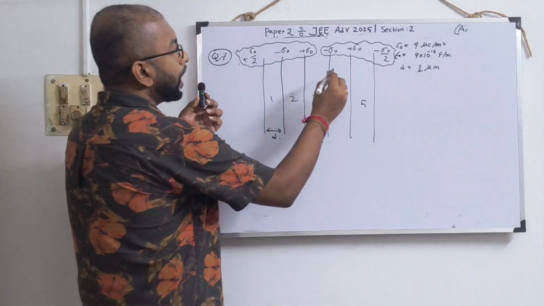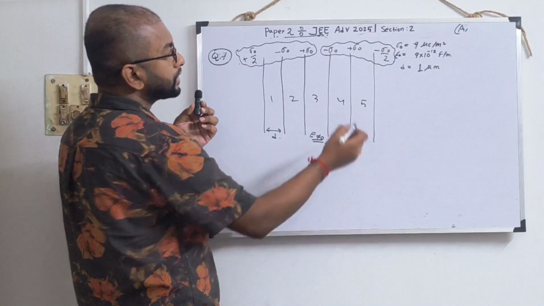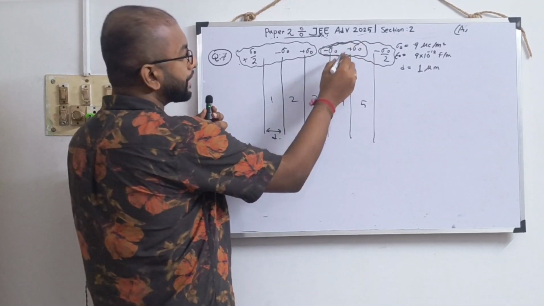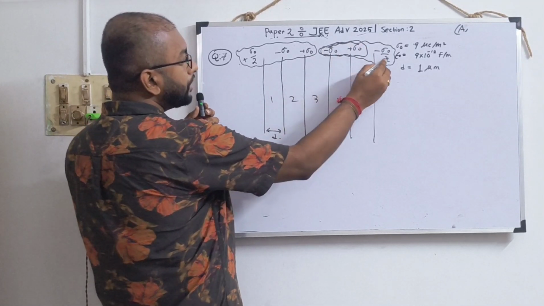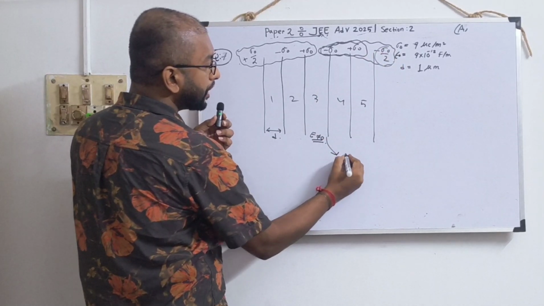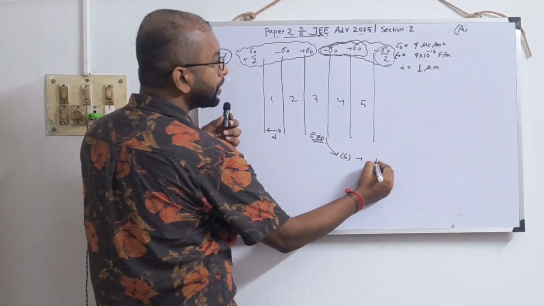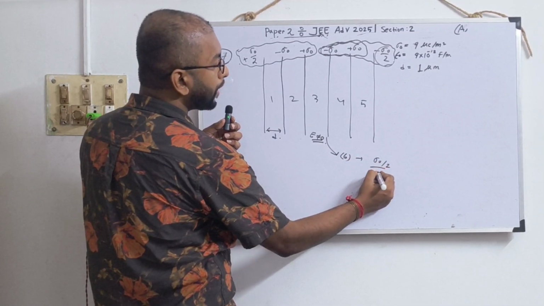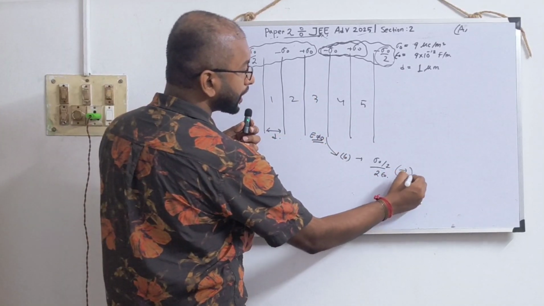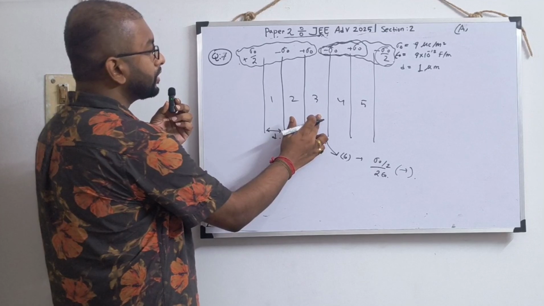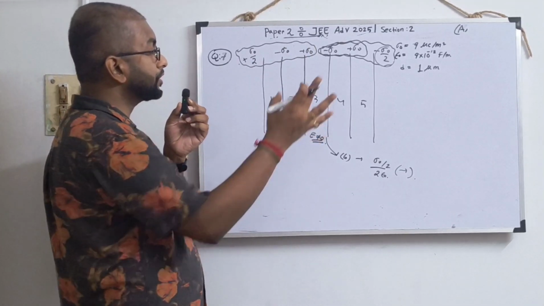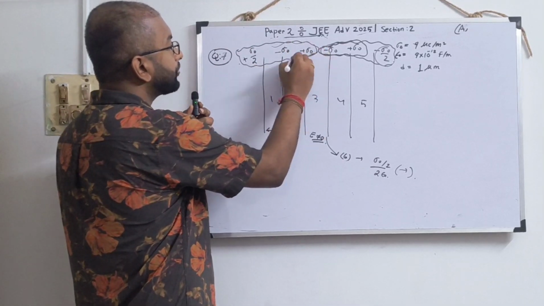Now let us find out. So see, out of this right hand side total charge, due to these two charge distribution, the electric field will cancel each other. So electric field only be due to this one. So electric field in this region due to sixth plate is going to be sigma naught by 2 by 2 epsilon naught, but it is towards right. In this region electric field will be due to the left hand side charges also, but among these left hand side charges, these two charge electric field will cancel each other.